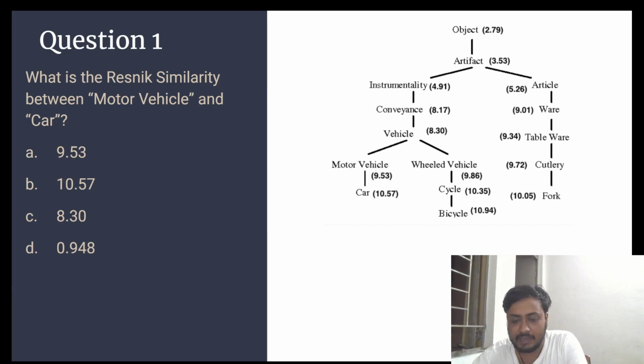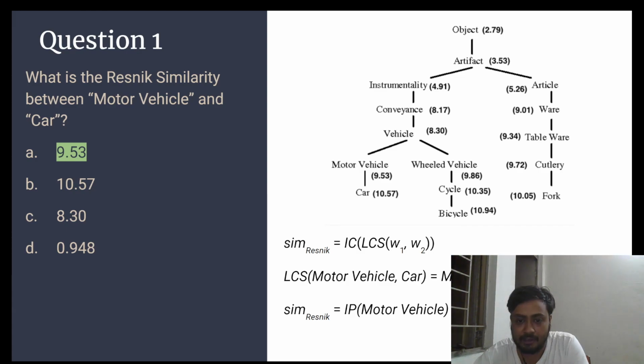The answer is actually 9.53, because the Resnik similarity is defined as the information content of the LCS. This is the most simplistic formula among all the similarities which you calculate. You just need to find out which one is the LCS. Between motor vehicle and car, we need to find the node at the lowest point in the tree and common to both.